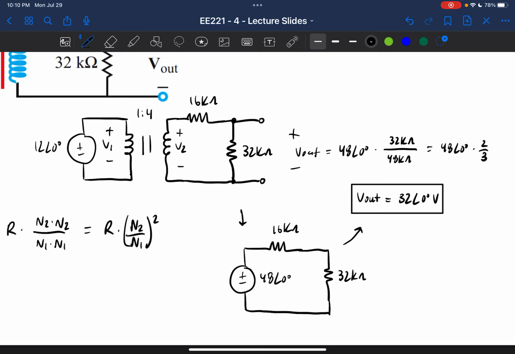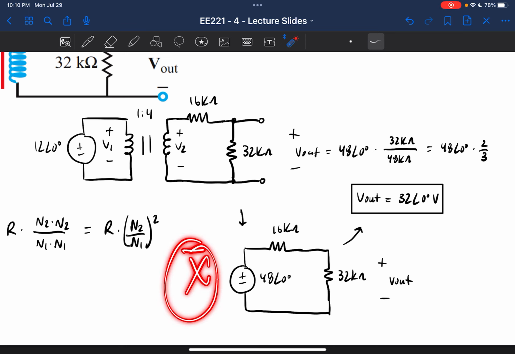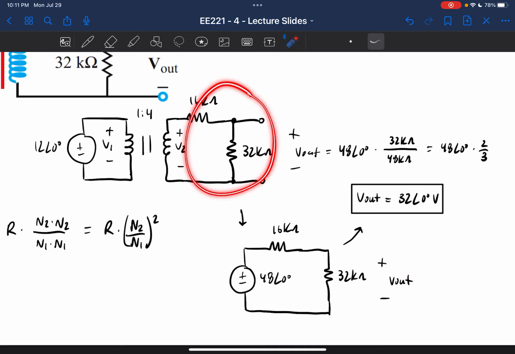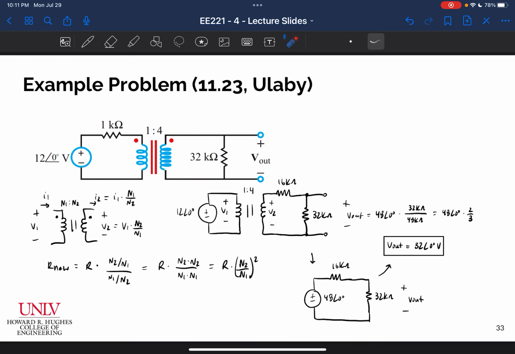That would give us this result here for V out. And that's just me straight up taking this 12 angle 0, multiplying it by 4, and then just modeling it on the other side of the transformer. So now the transformer's over here, basically unimportant to us because what we're interested in is V out, and we've transformed both of our quantities across the transformer to the other side. Okay, so this is going to be a powerful tool for solving these transformer circuits.